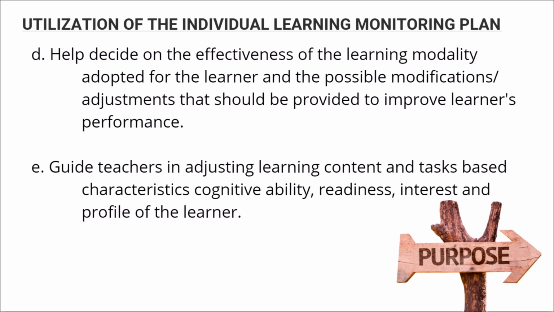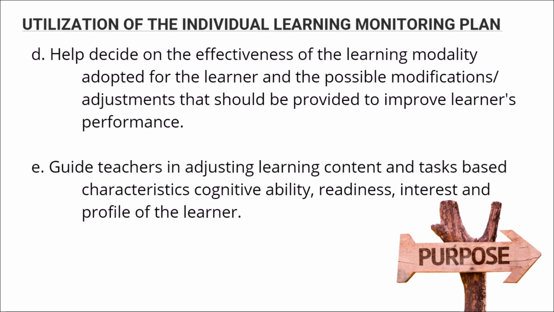Help decide on the effectiveness of the learning modality adapted for the learner and the possible modifications, adjustments that should be provided to improve the learner's performance. Okay, so this is very important because when we conduct our own intervention and when we implement different learning modalities, we should try to get to know if that approach is effective.